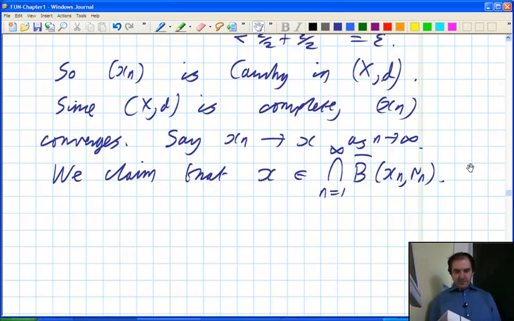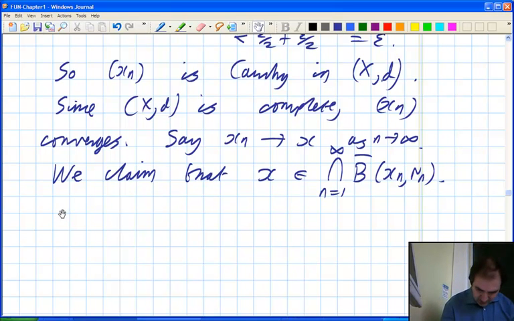Right. Well, why is that? Well, the reason for that is, of course, because, again, they're nested decreasing closed balls, and after a while, the tail of this sequence is inside a given closed ball.